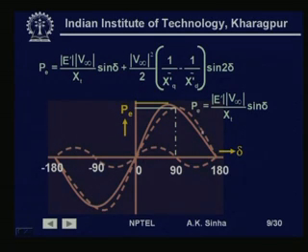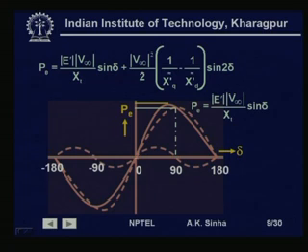It is like this, and for salient pole machine, the electrical power output is given by this relationship, where this is the term which is same as for the cylindrical rotor machine, but this is a term which is added, having a sine 2 delta term involved, which means it is a second harmonic term, and this is shown here.